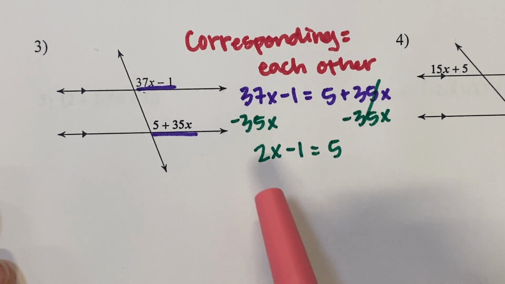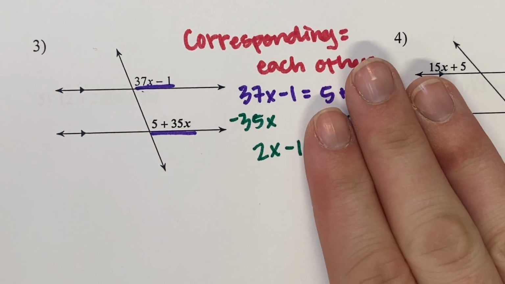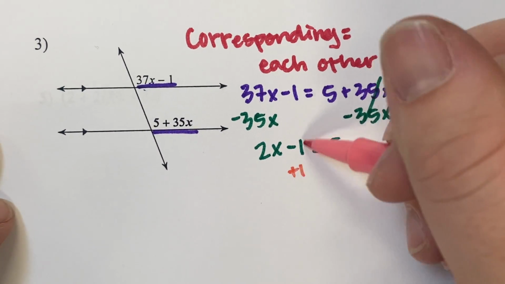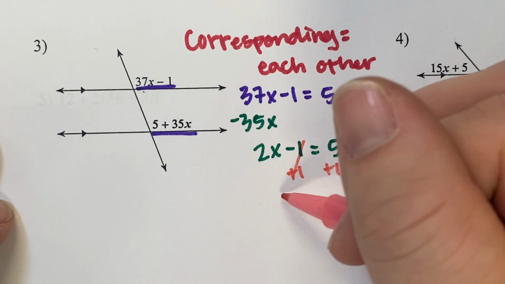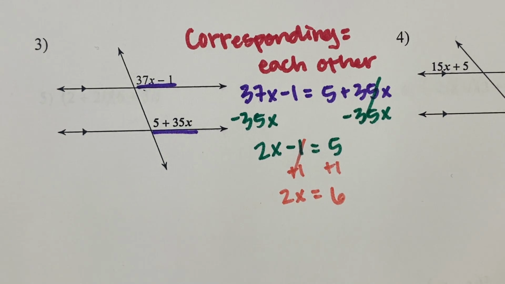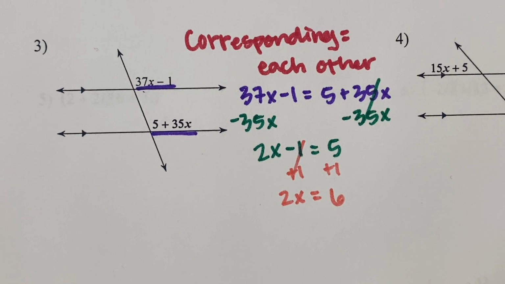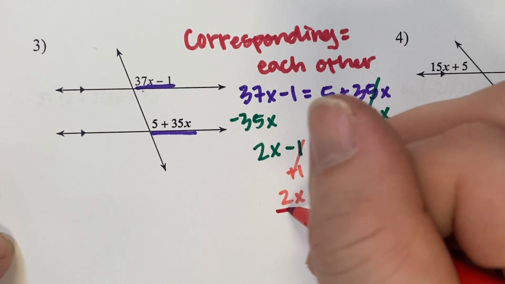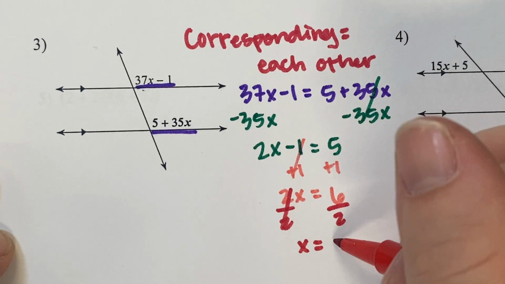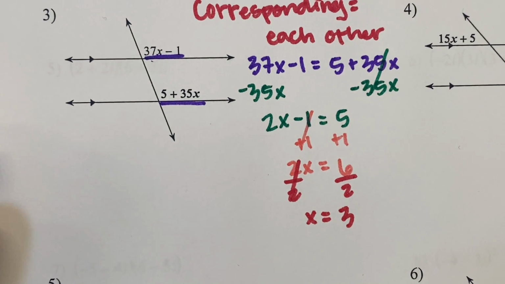Easy peasy. Now I can solve for x. Looking at my side with my x, I got to get rid of negative 1 first. Do the opposite. Add 1. 2x equals 5 plus 1, which is 6. Last step, opposite of times by 2 is divide by 2. So our x is equal to 3.